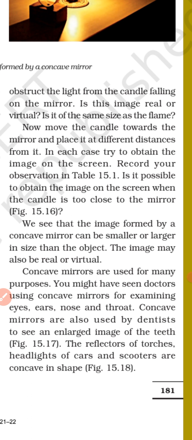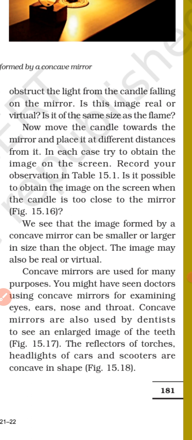Next, concave mirrors are used as reflectors in torches. You have seen torches and all. Concave mirrors are used as reflectors in torches and headlights of vehicles, like in cars, scooters, buses, trucks, and in train engines also. Are you getting it?